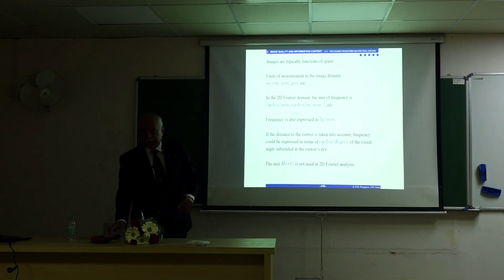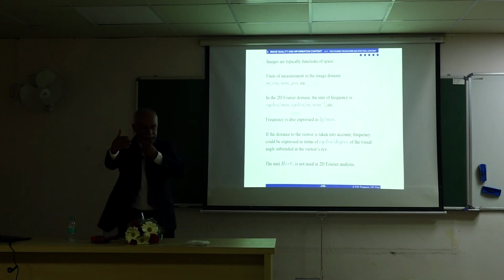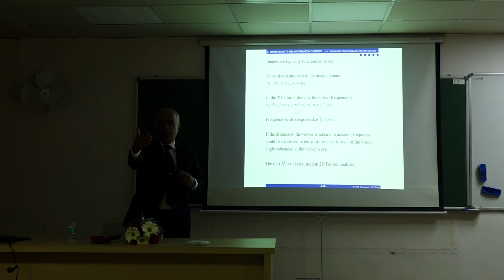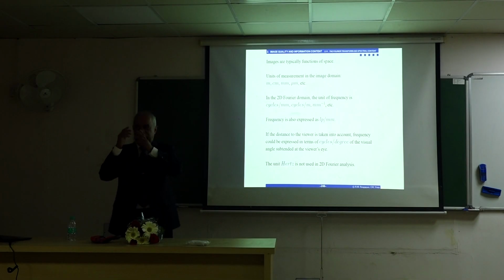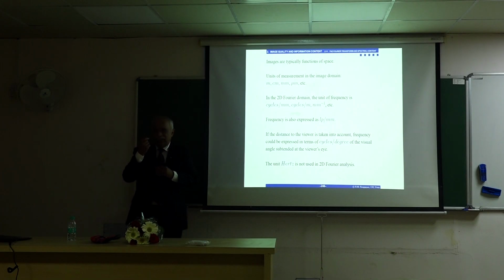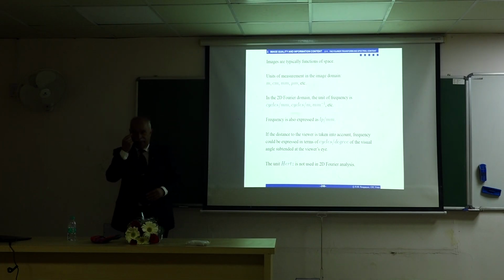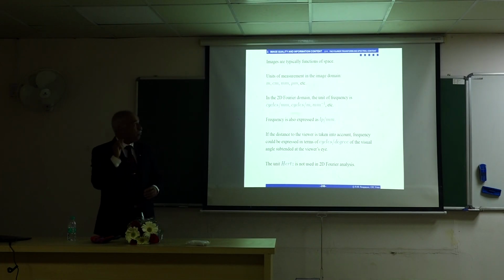Now, the resolution depends upon the distance between the viewing system and the object. The closer I am to the object, the better I see the details. The farther I go, the details get blurred and the resolution is lost. So it is the angle that the object subtends at my retina that is important.